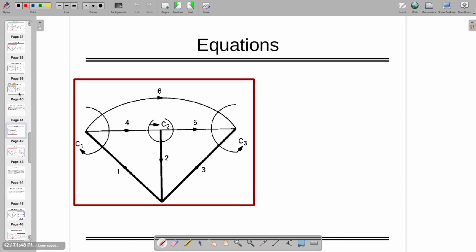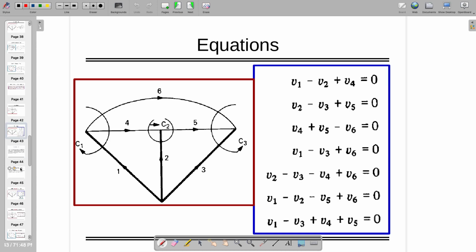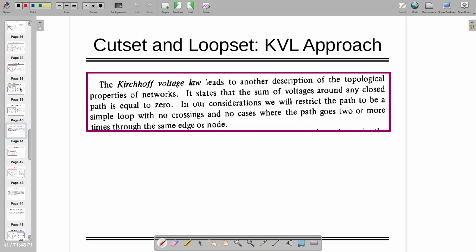Okay, so let's go to the loop set equations. If there is a KVL approach, it will be loop set. When you are doing this, it's a reverse of what you have done in cut set.